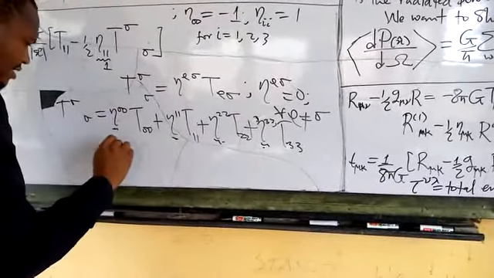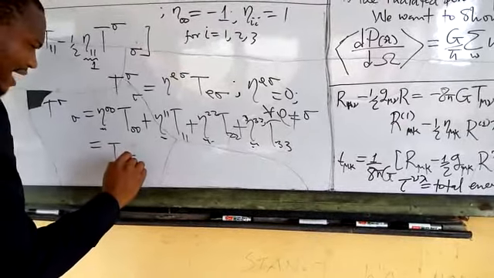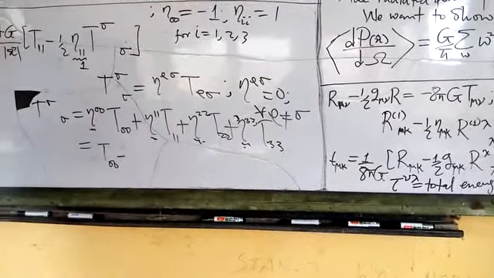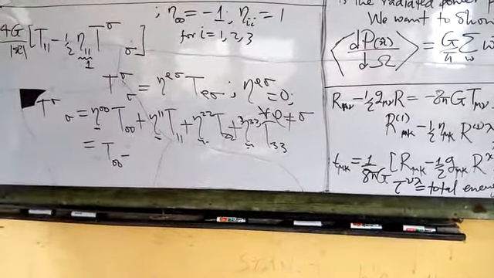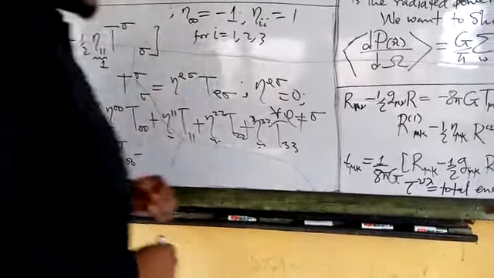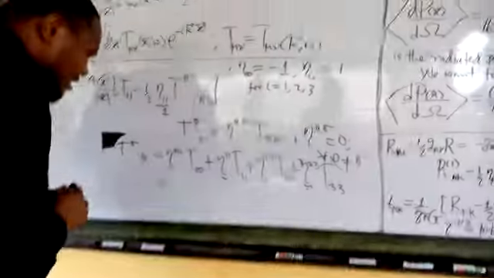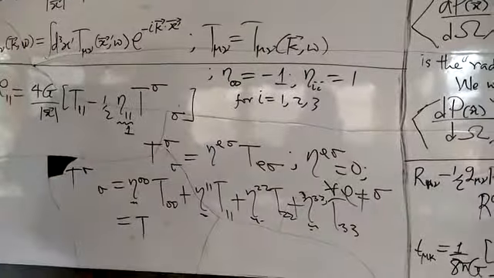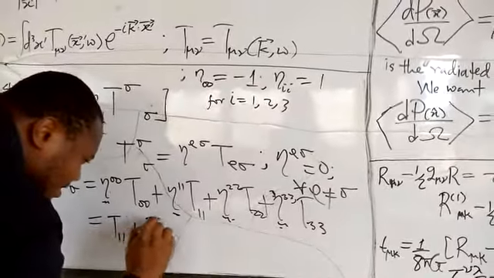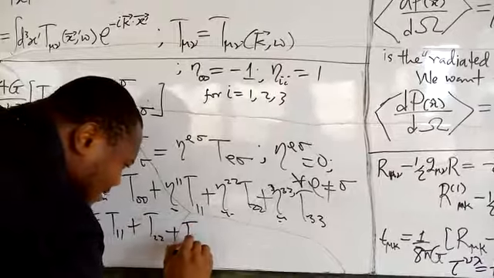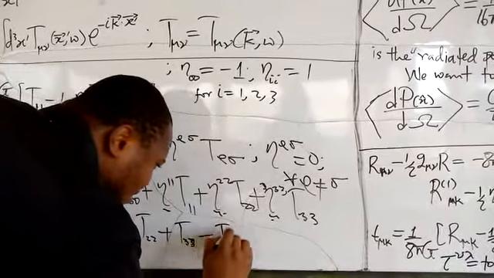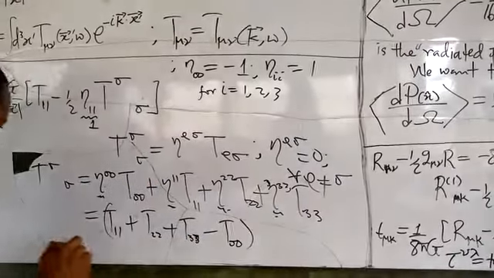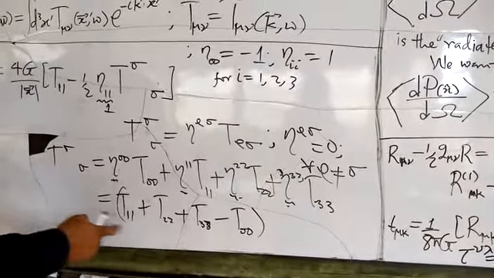Okay, sorry. I think I should try to reverse this. I can say that this is T11 plus T22 plus T33 minus T00. That is what the trace of the energy momentum tensor is.